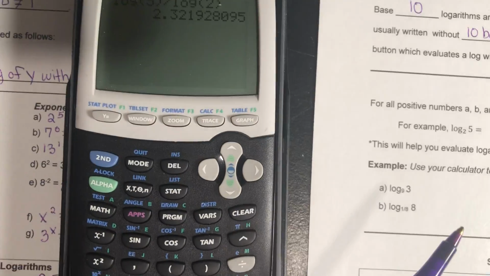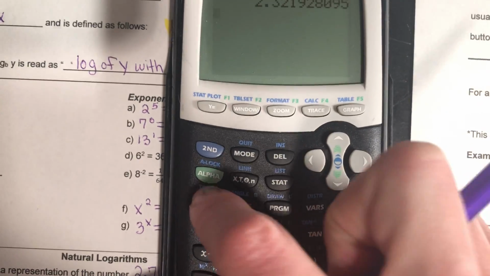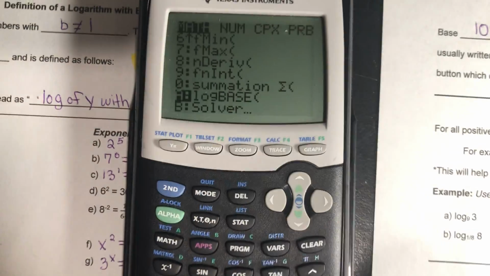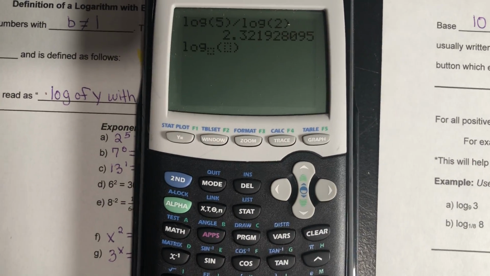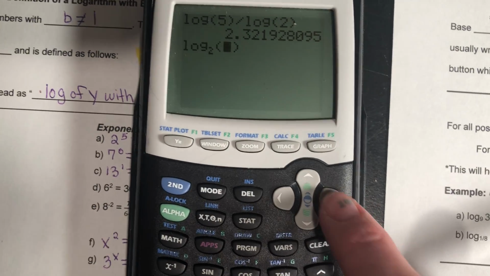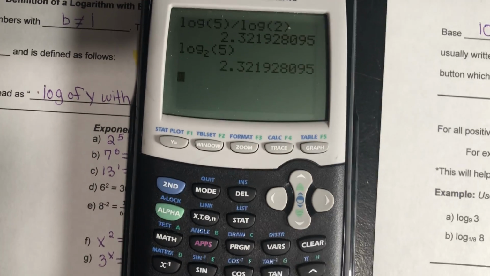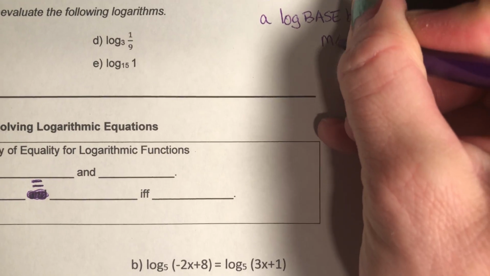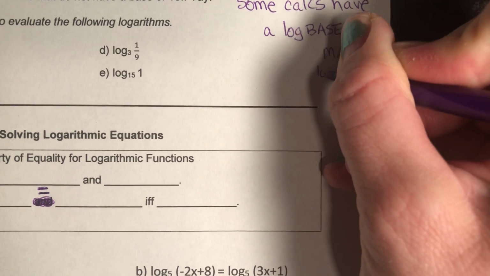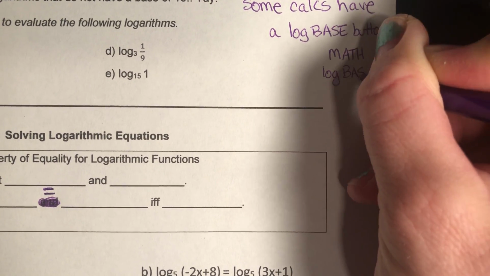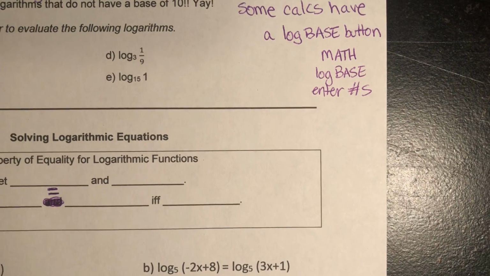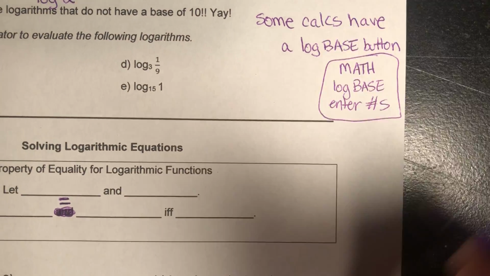On my calculator, I could also do math, go up to log base, press enter, and then put in my log base 2 of 5, and I would get 2.32 again. So some calculators do have that, and that would be math, and then log base, and then you would enter the numbers. So that's how you would go about doing that.